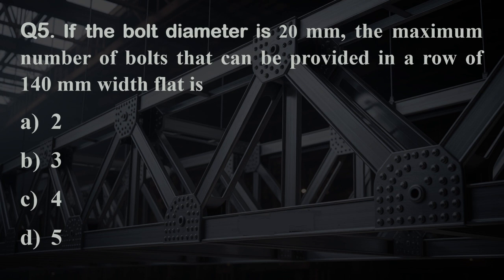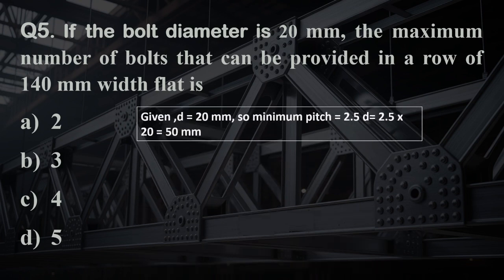Q5. If the bolt diameter is 20 millimeters, the maximum number of bolts that can be provided in a row of 140 millimeters width flat is 2, 3, 4, 5. Given D equals 20 millimeters, so minimum pitch equals 2.5 D equals 2.5 times 20, which is equal to 50 millimeters.